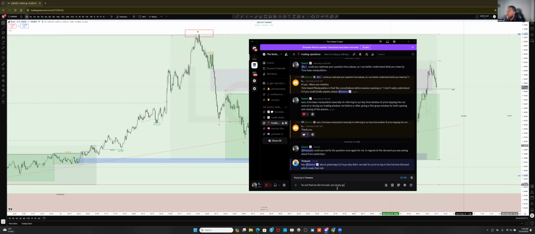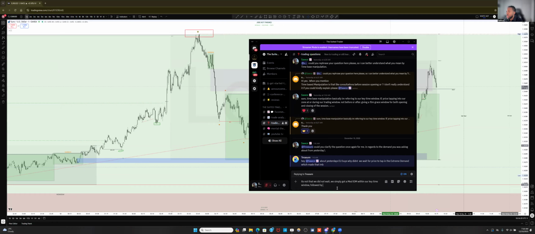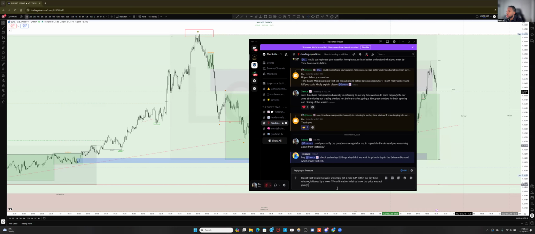We simply got a medium inducement within our key time window, followed by a lower time frame confirmation to let us know that price was not going to continue bearish for now, for the remainder of the session structure.